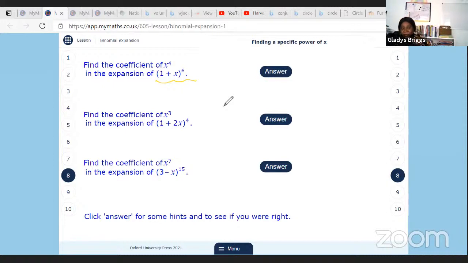Or even the 2nd term or the 3rd term, because x to the power of 4 will come maybe on the 2nd term or the 3rd term. So you find out. Start with the expansion, starts with the nCr. 6 choose 0, 6 choose 1, and so on. Keep on going.